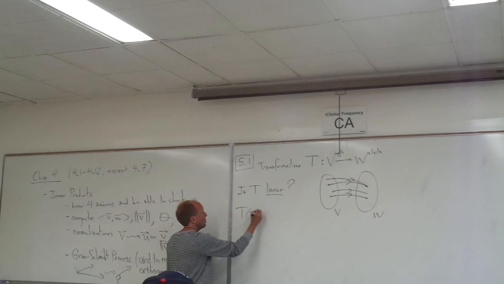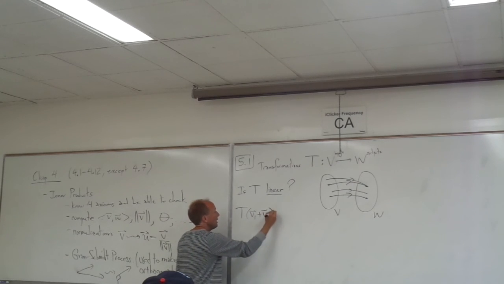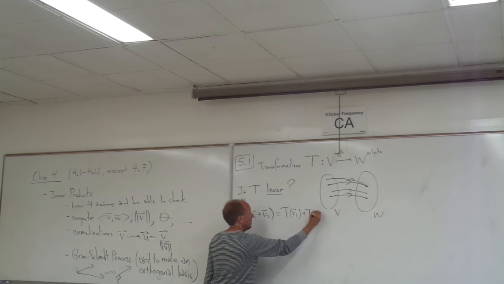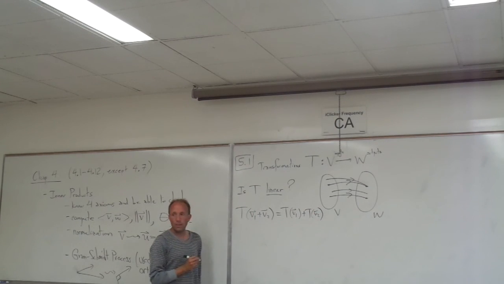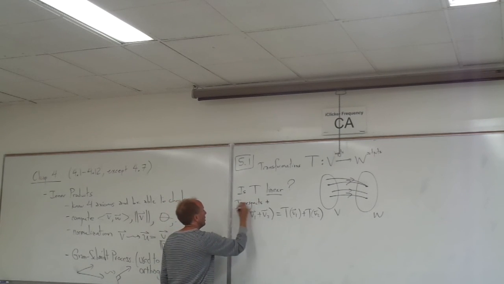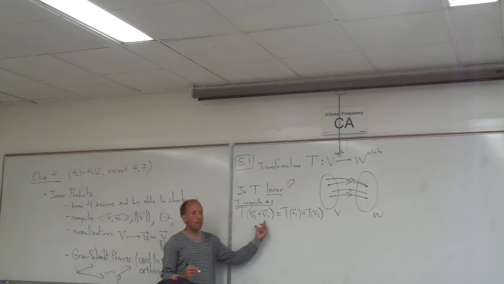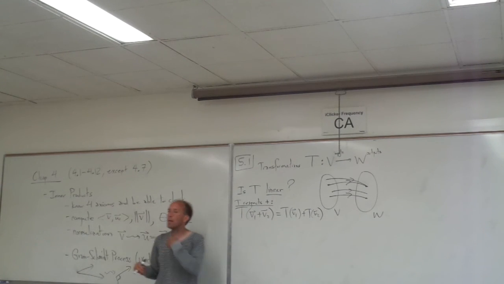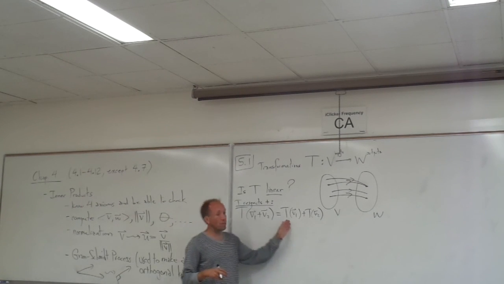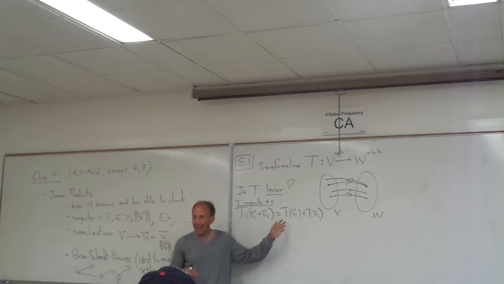Basically, linear just means that T has to respect addition. This means if I add two vectors together first and then transform them, I'm supposed to get the same answer as if I transform them separately and then add the results.